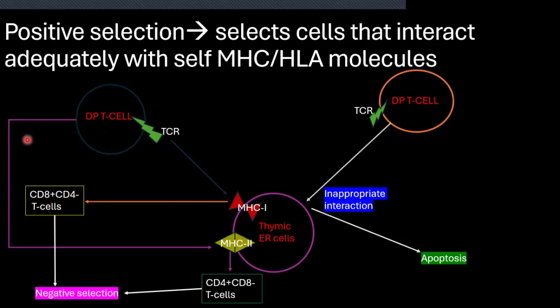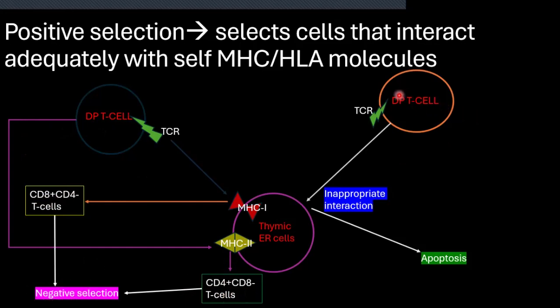But if it interacts with the MHC type 2, it will upregulate the CD4 molecules and downregulate the CD8, and become a CD4 positive, CD8 negative T cell. These two cross the corticomedullary barrier and head to the medulla for negative selection.